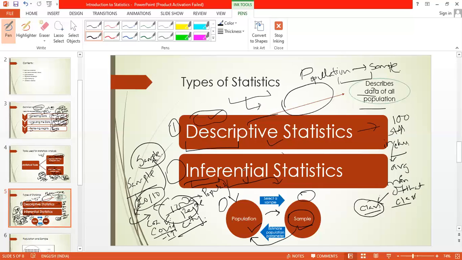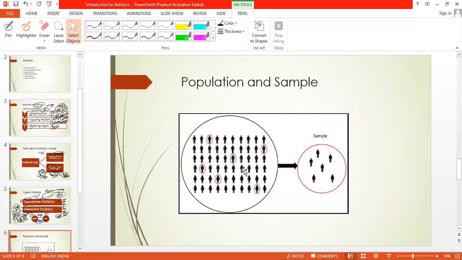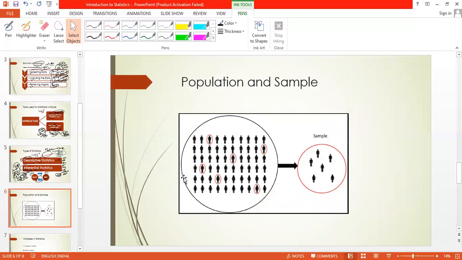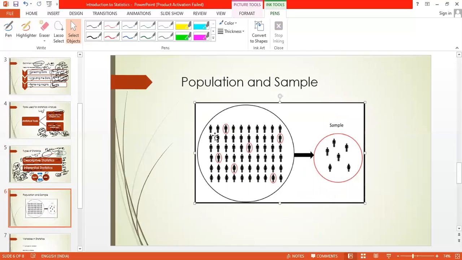So let's go to our next slide. Here you can see, as I was telling, let's say this many people are there. Okay, let me take the pen. Let's say this many people are there in a city, and we want to analyze the COVID situation in this city.